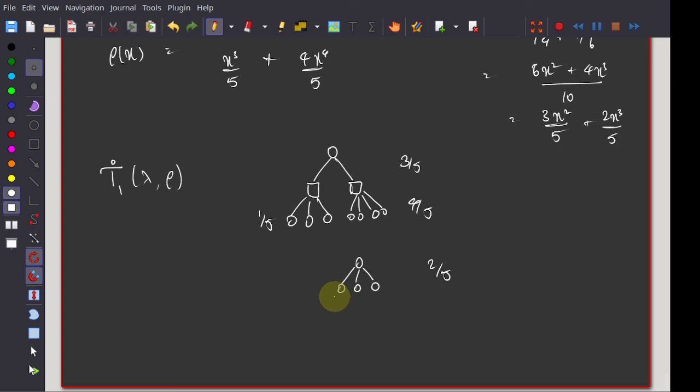And from here onwards, I pick either 3 or 4 neighbors. So this is how the random construction works.